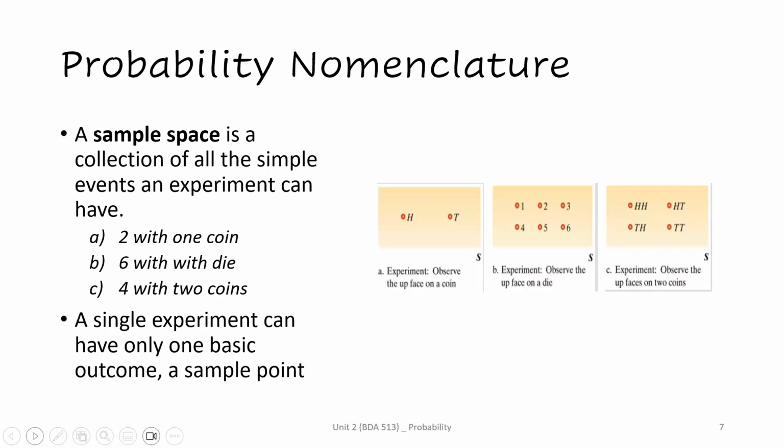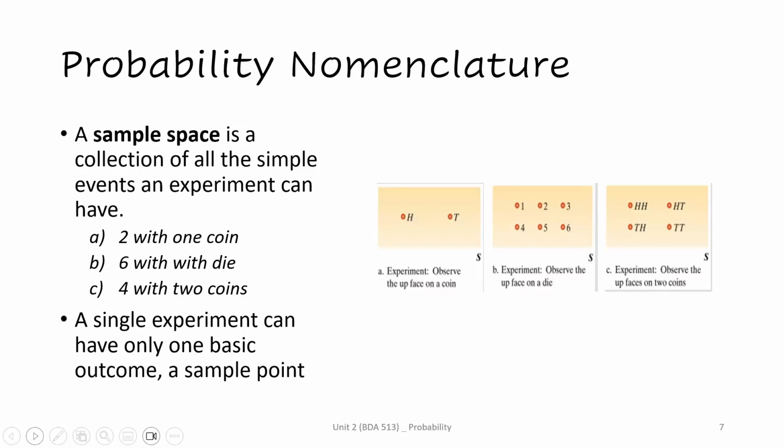Let's look at the sample space. This is the collection of all the outcomes an experiment can have. Say in experiment A, if we toss 1 coin, for instance, we will have heads and tail. So the sample space consists of everything that we are observing in this experiment.